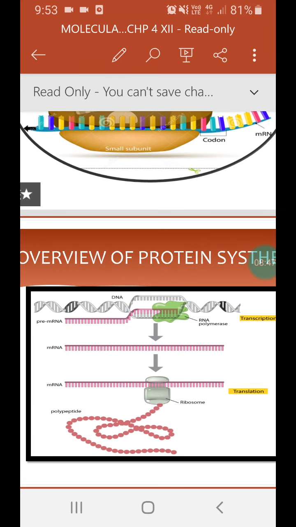Now the third, termination. Elongation continues until the ribosome adds the last amino acid coded by the mRNA. When the messenger RNA reaches the termination codon, and these termination codons are UAA, UAG or UGA, these three are terminating codons.